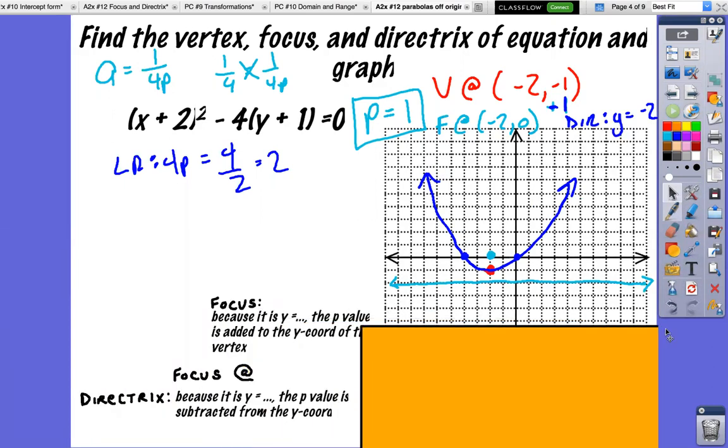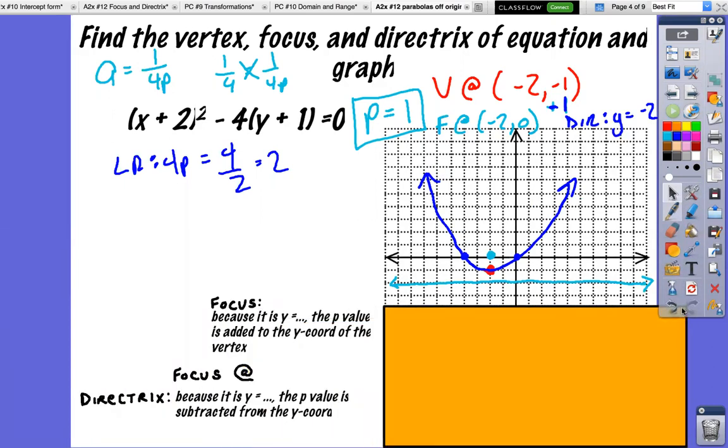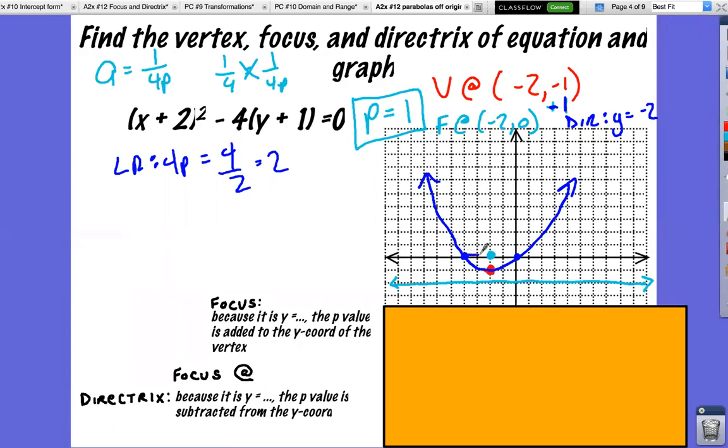Wait, I thought it would be like times four. Wait, isn't it 4, 1? So where'd you get 2 from? Because the length of the latus rectum is 4p. So this is the latus rectum right here, right? So it is 1, 2, 3, 4. So it is 4 steps. But I'm talking about how many steps do I go to get to the parabola? Well, I have to divide it by 2. So 2 this way and 2 that way.